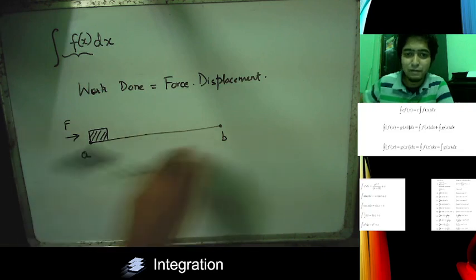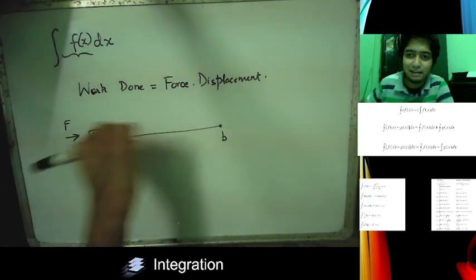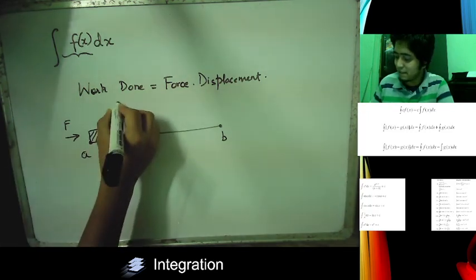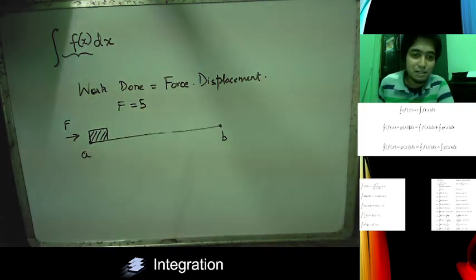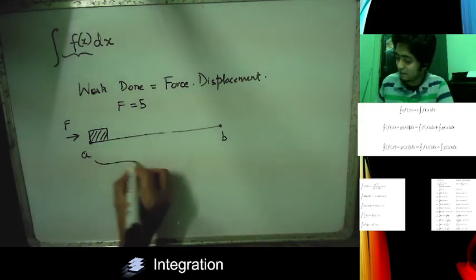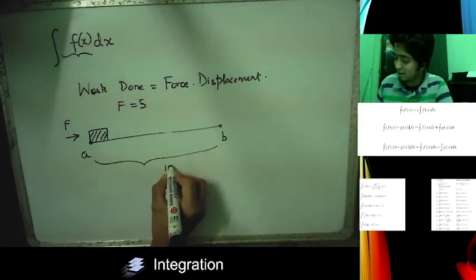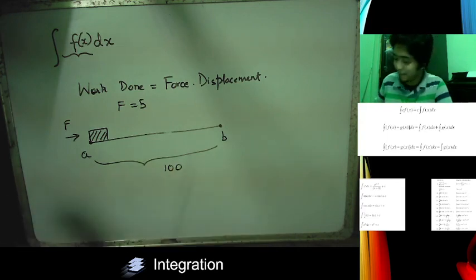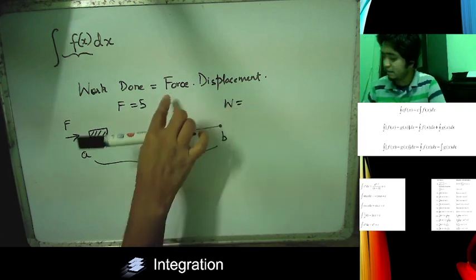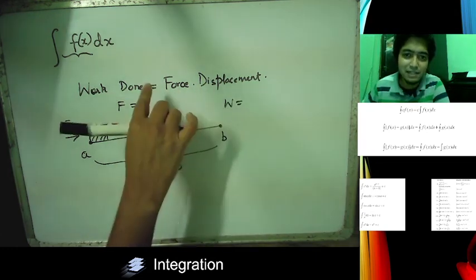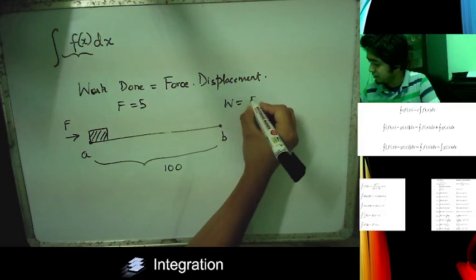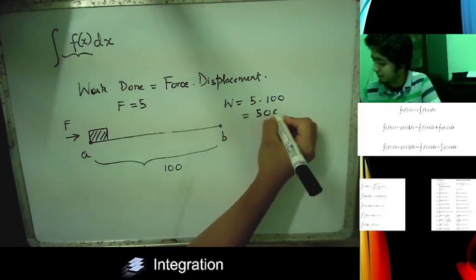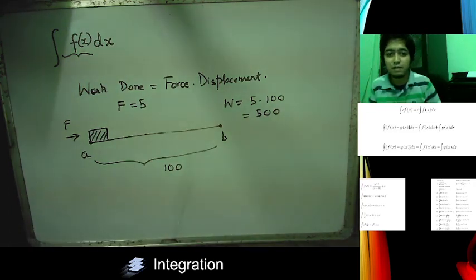If the force, let us say, is 5 newtons, and the distance from A to B is 100, then you can calculate the work done using this formula, which is 5 into 100. 5 into 100 will give you 500. 500 units will be the work done.